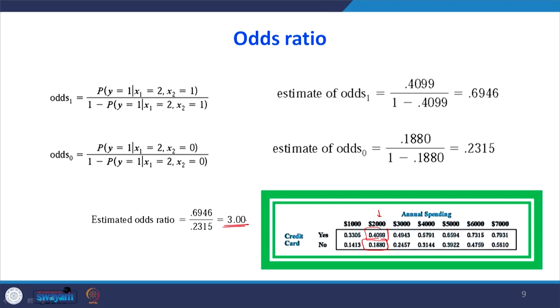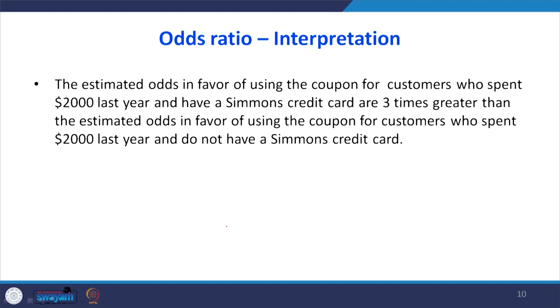So, the 3 is very useful for interpreting. What is the meaning of 3? The estimated odds in favor of using the coupon for customers who spent $2,000 last year and have a Simon credit card are 3 times greater than the estimated odds in favor of using the coupon for customers who spent $2,000 last year and do not have the Simon credit card.